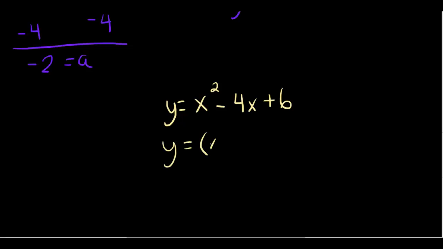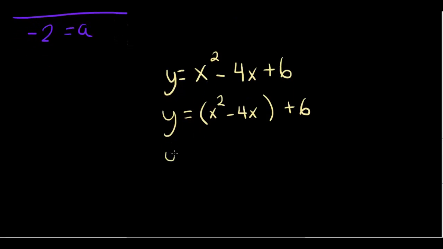So I'm going to group x squared minus 4x, plus 6. Now, remember from last lesson, to complete the square, we're going to take the linear coefficient, which is -4, divide it by 2, and square it. And then plus 6.